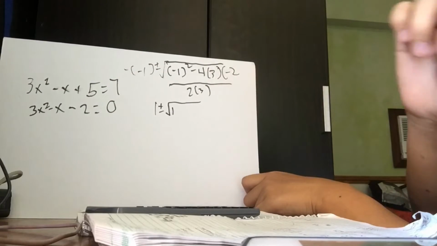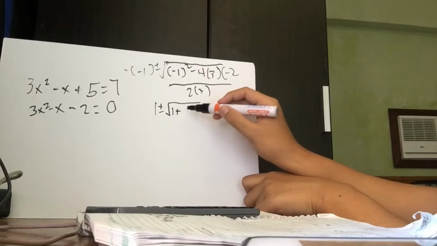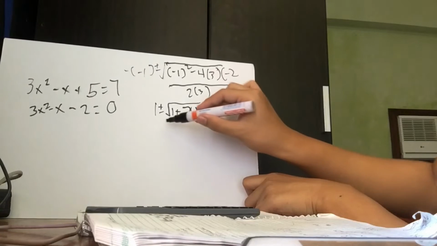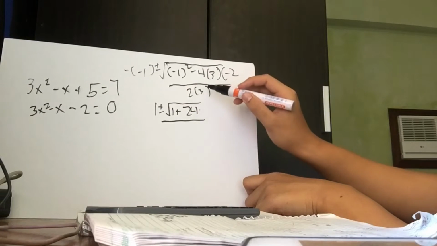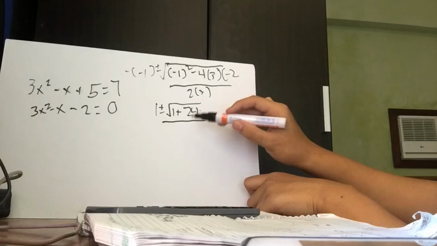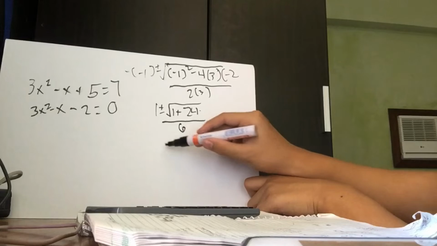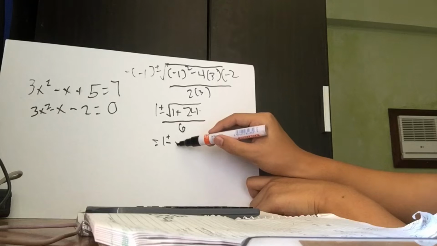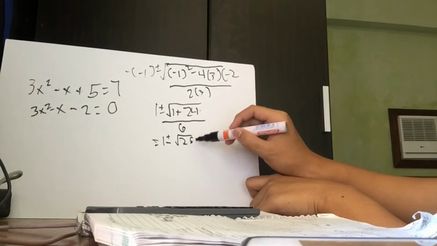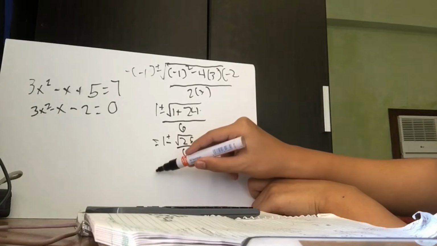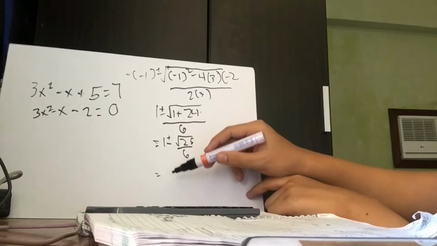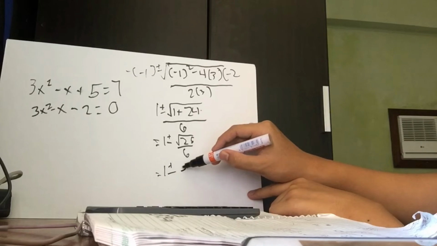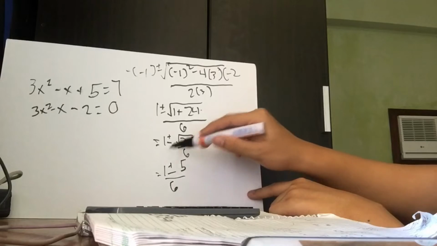So the square root of 1 is still 1. So 4 times 3 times negative 2 is 24. Now we will need to multiply this, so it will become 6. So 1 plus 24 is 25. So over 6. Now the square root of 25 is 5. Over 6. Now we're going to get the x of 1.